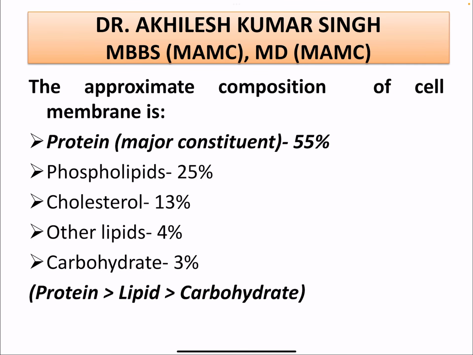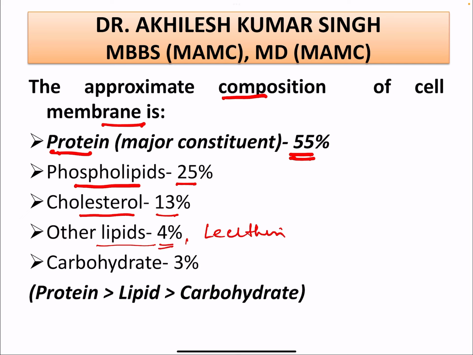Therefore the approximate composition of the cell membrane is: proteins constitute around 55% of the cell membrane, phospholipid 25%, cholesterol 13%, and other lipids, which include lecithin, 4%.